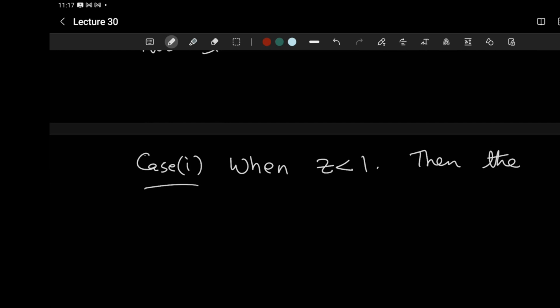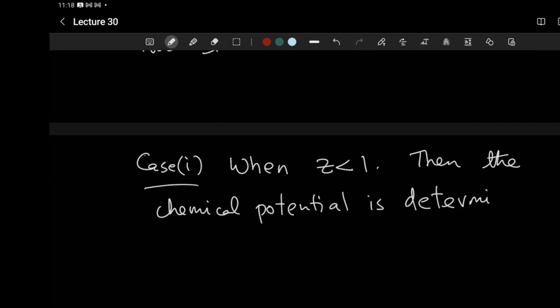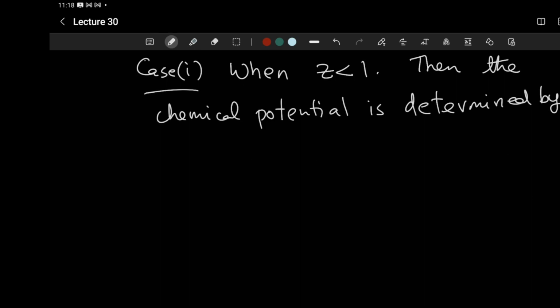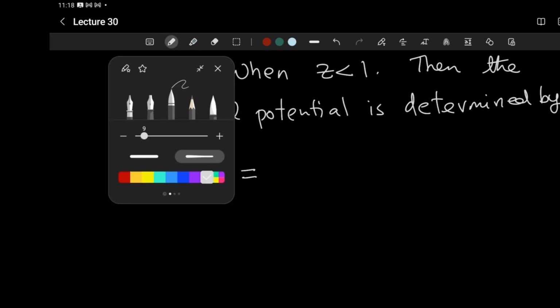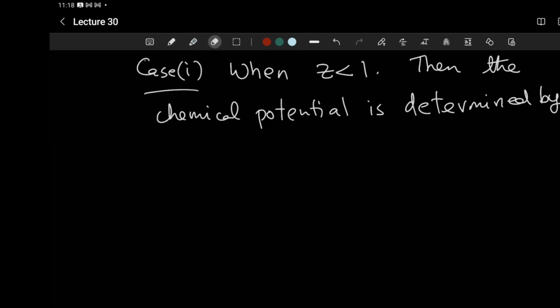the chemical potential is determined by... let me write it now, not in terms of that equation, but a little bit more explicitly.